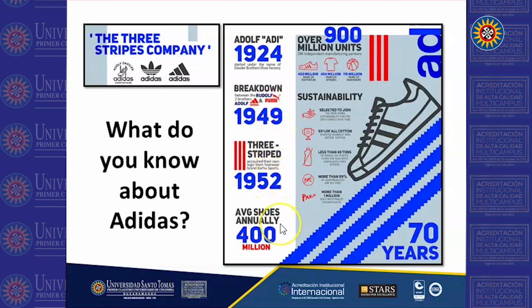What about sales? Did you know that they sell more than 400 million shoes every year? Wow. I want you to stop the video for a minute and study these infographics with lots of interesting facts about one of the most popular and successful shoe brands in the world.